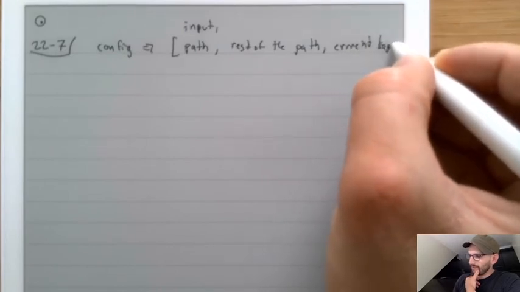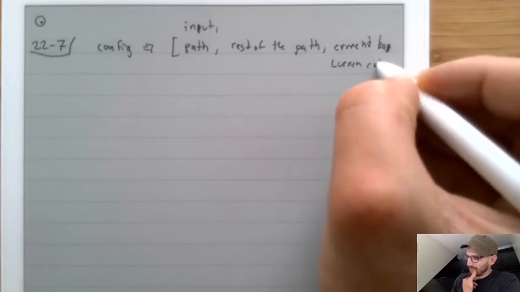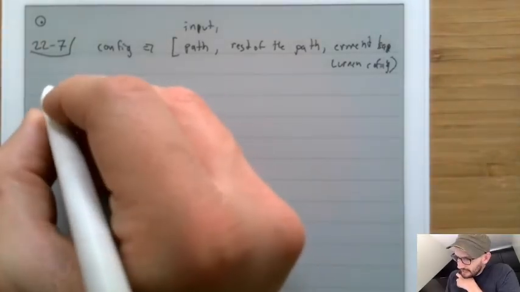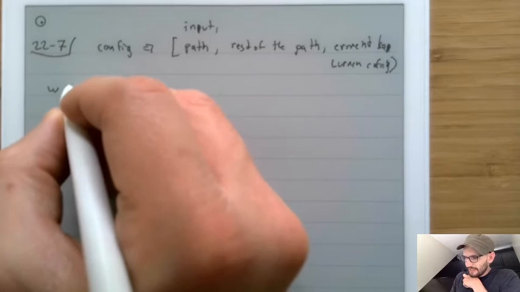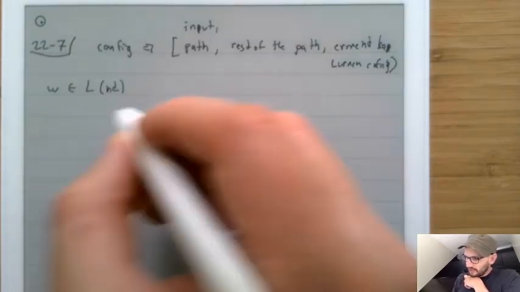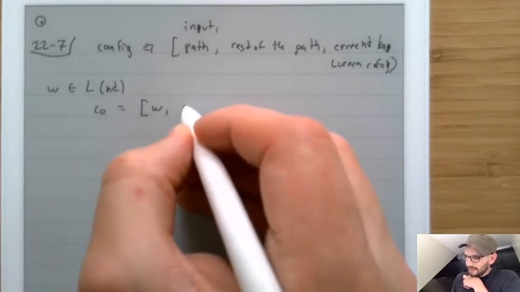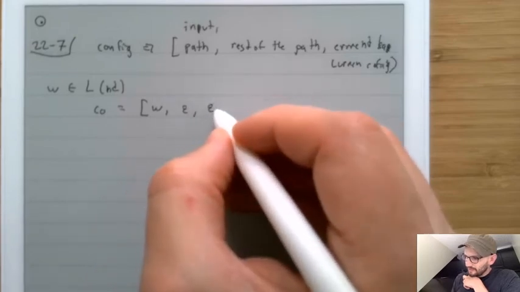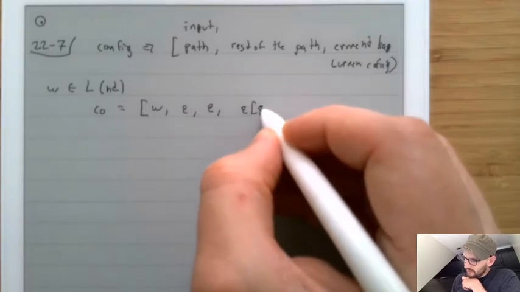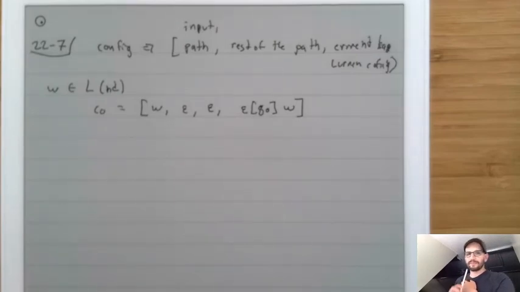The current tape, really the current configuration, the current config. So the idea here is that if we're going to see if W is inside of the language of some non-deterministic Turing machine, then we start off with C0, or configuration 0, being W, the path is epsilon, the rest of the path is epsilon, and the current tape is epsilon Q0 W. Okay, so that's configuration 0.